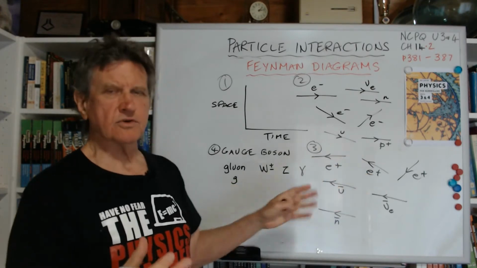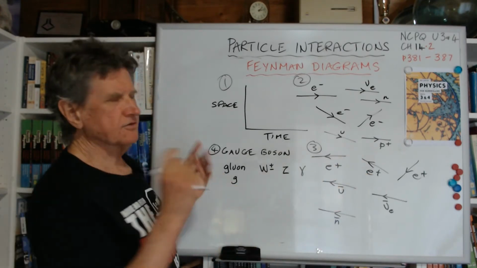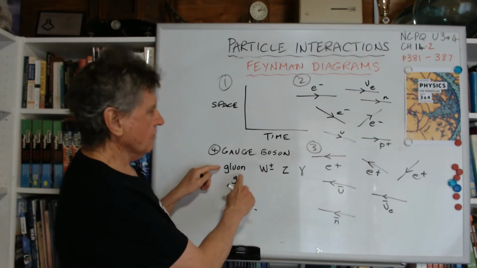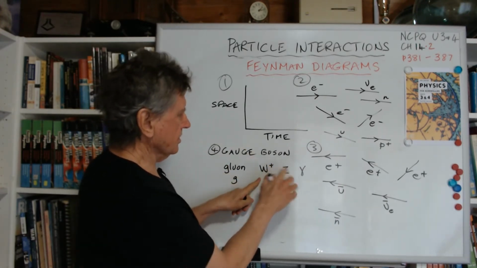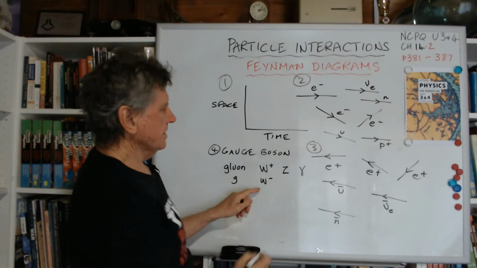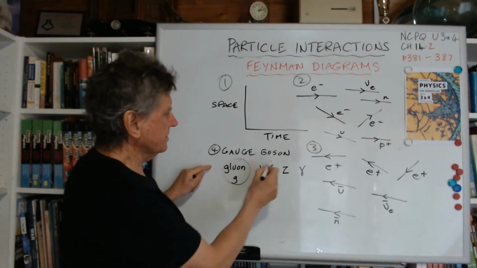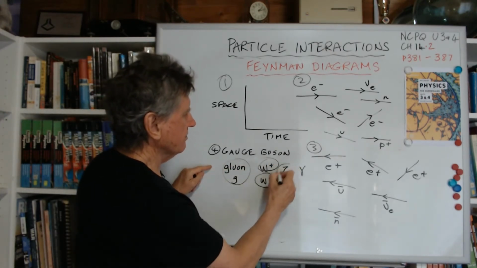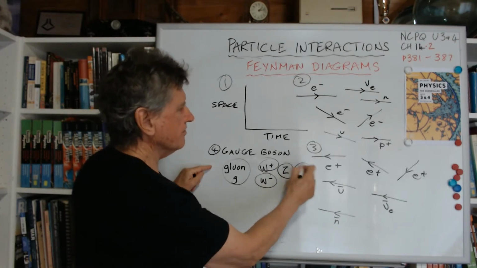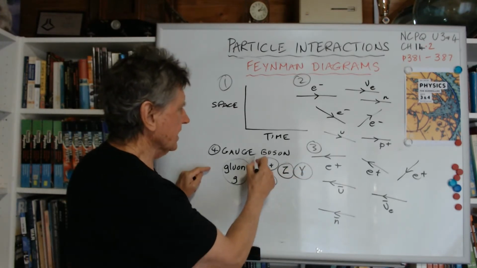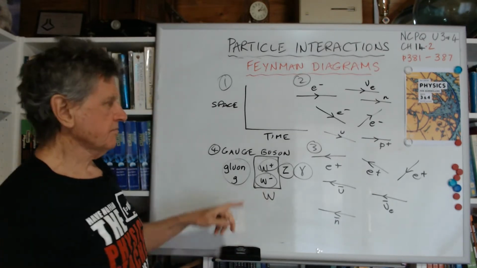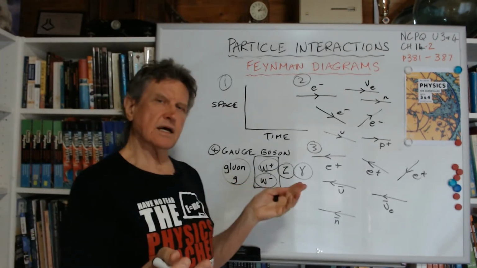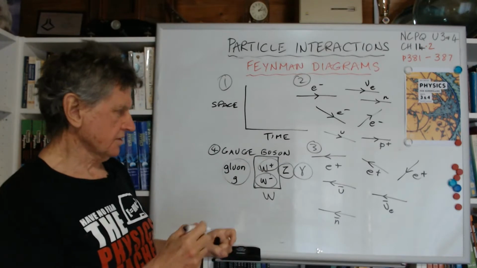In the text I've called them 4 gauge bosons. So 1, 2, 3, 4, 5 bosons, but we can lump those two together as just the W boson, and there's 2 versions of it. They're charged, so plus charge, minus charge.